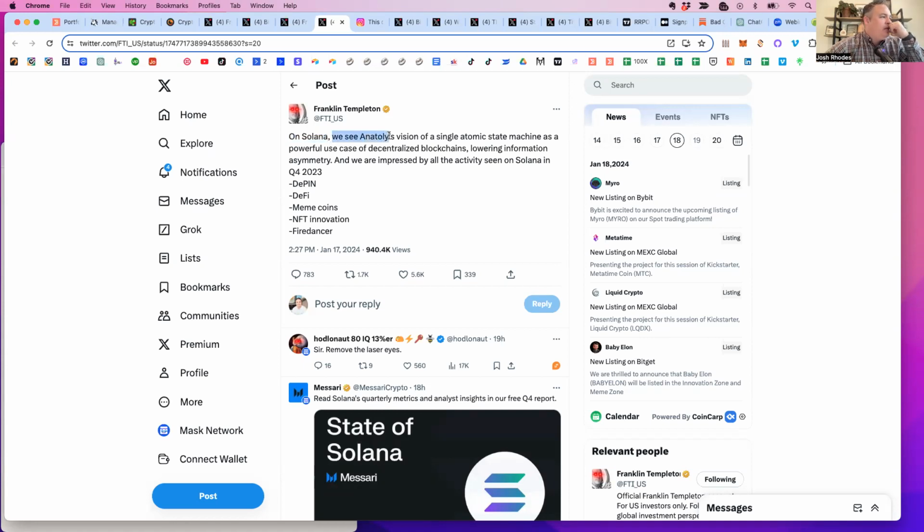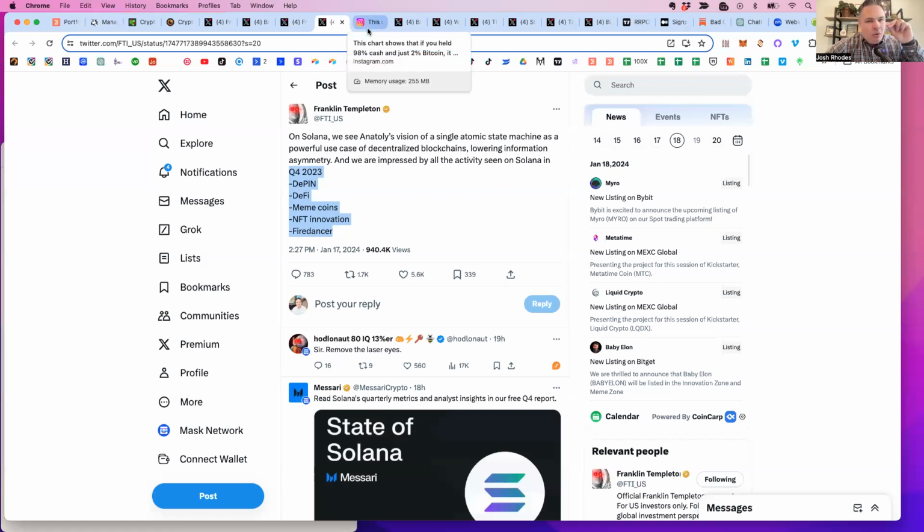And they're talking about Anatoly's founder vision of a single atomic state machine as a powerful use case of decentralized blockchains, lowering information asymmetry. And then they're talking about different themes or narratives on Solana that were happening last quarter. So really, really, really interesting.